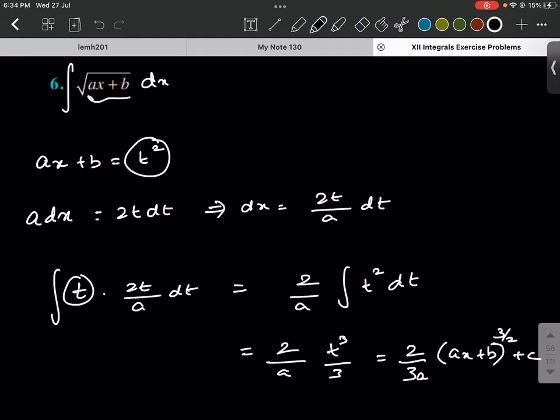Oh, correct. It should be ax plus b the whole power 3 by 2, because t is root of ax plus b. Correct. Good.